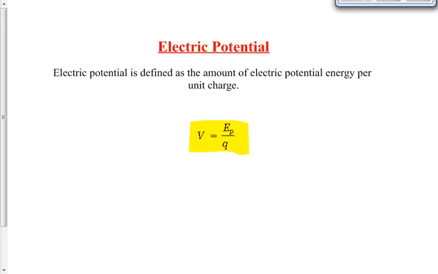Let me give you an analogy. Just drop your pens for a second and listen, then you can write it. Say there's 20 of us in the room right now. There's not quite, but it's easier math if we say there's 20. We've got $100 combined, a total of $100 in this room right now. If money is analogous to energy, and we are all analogous to charge, then the total energy we have is 100, right?